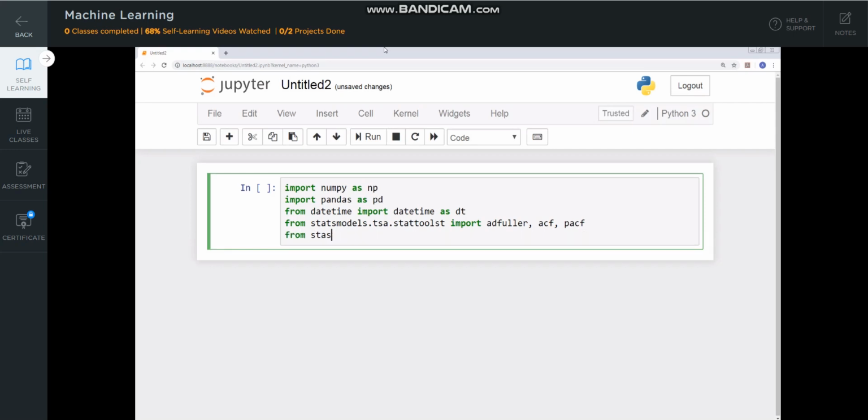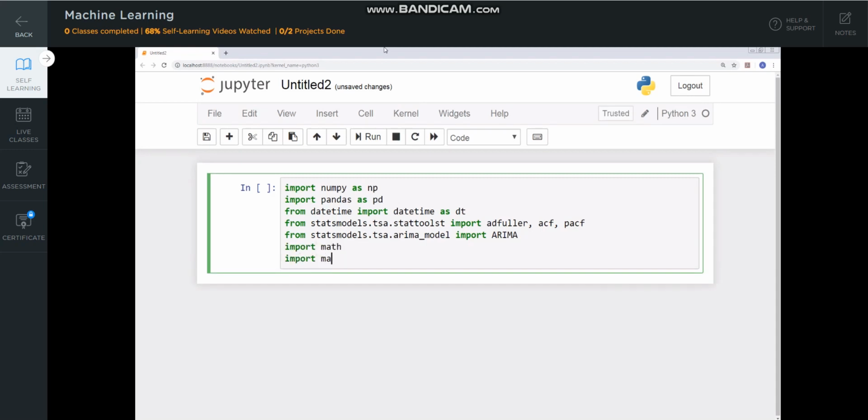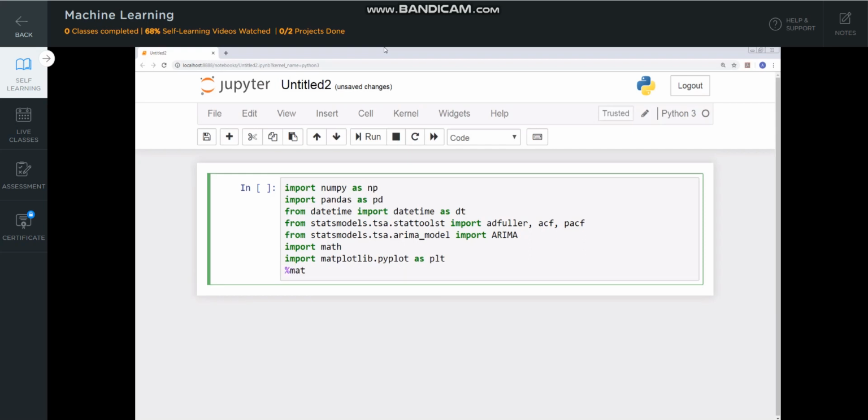Importing ARIMA from statsmodels: from statsmodels.tsa.arima_model, import ARIMA. Importing math library: import math. Importing matplotlib: import matplotlib.pyplot as plt. Percent matplotlib inline.